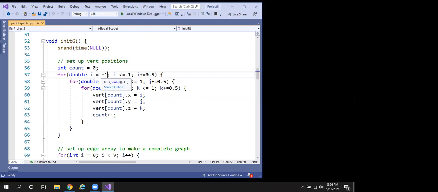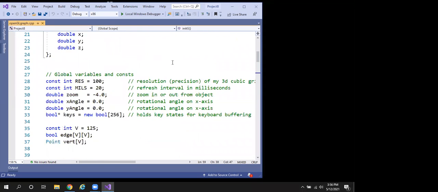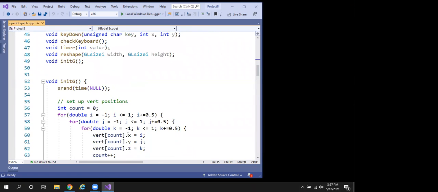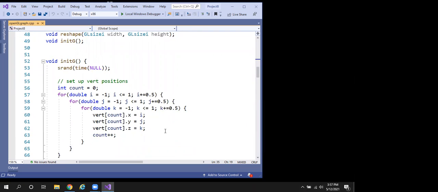And I do that in all three dimensions, I, J, and K. So I have a 5 by 5 by 5 cube of points for a grand total of 125 vertices. If you can imagine a cube of equispaced points, 5 in each dimension, that's what I'm making for my vertices.